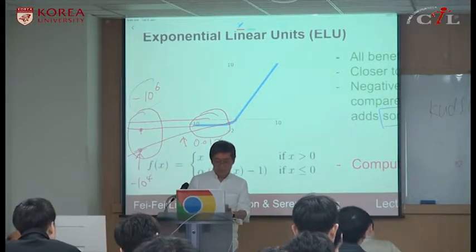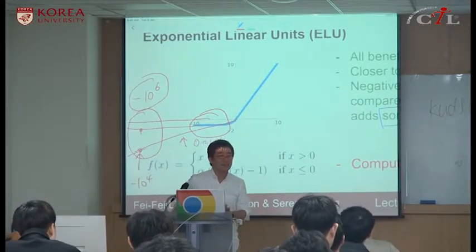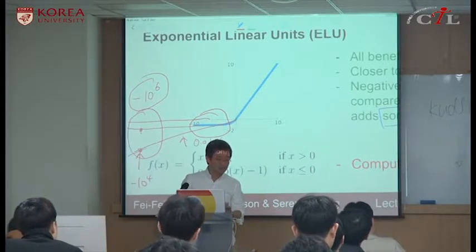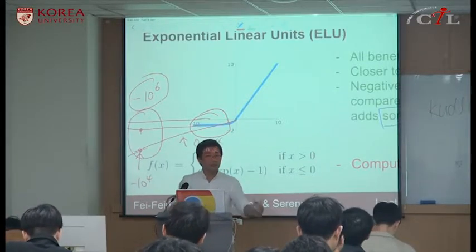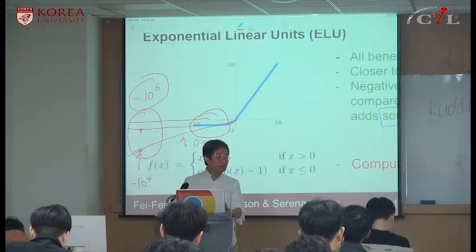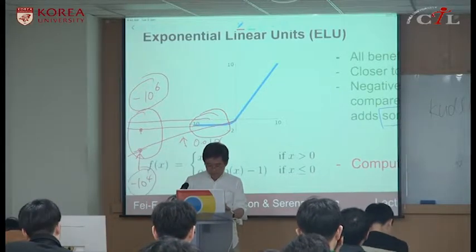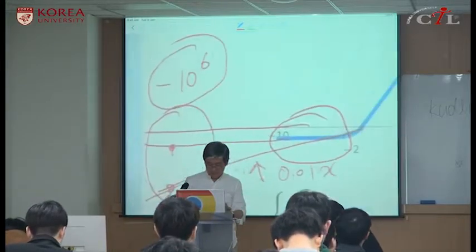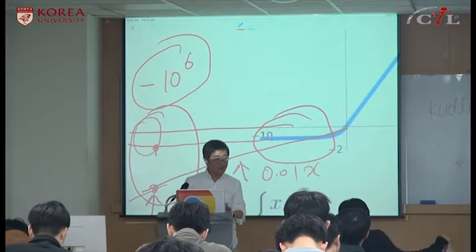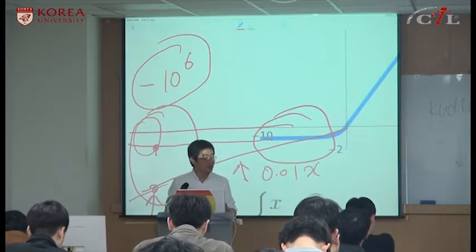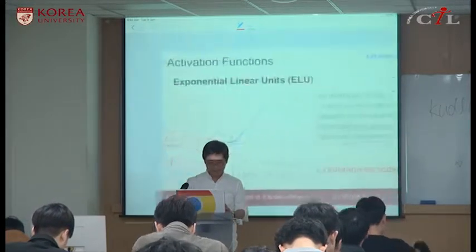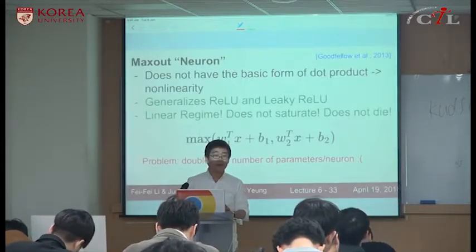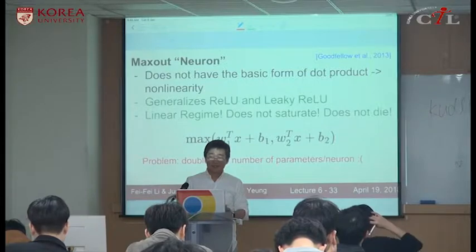And if this is a value that we actually have to completely remove, this noisy information will be passed to the next layer, right? So that way this ELU has some robustness, keeping those outputs in the negative region still close to 0. Any questions so far?